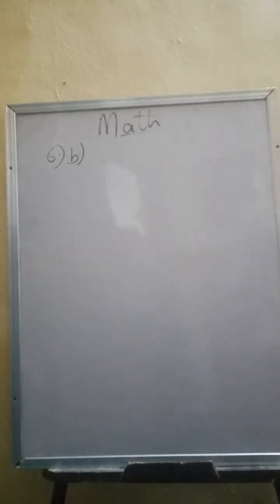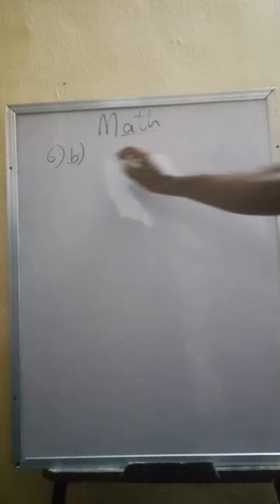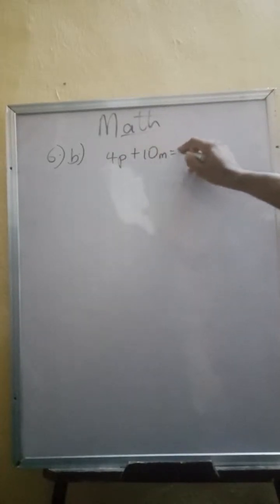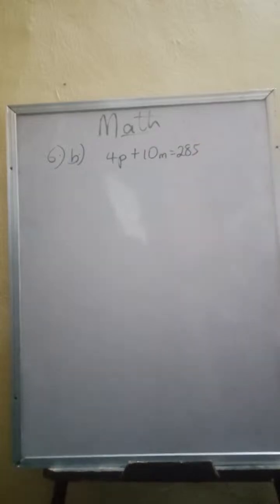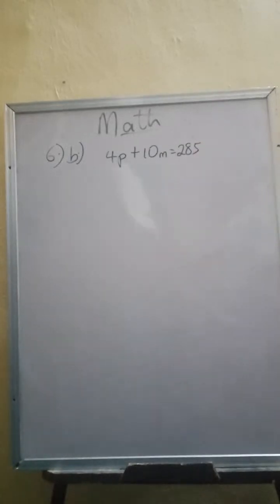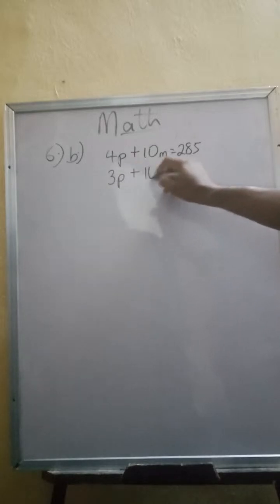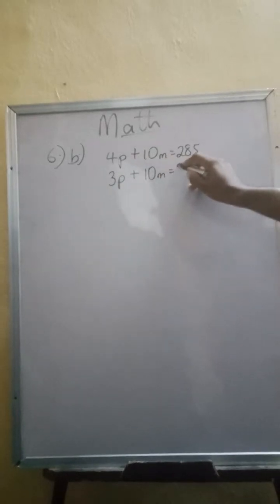The first equation, well, I would want to write the second equation first, which is 4p plus 10m equals 285. And the first equation, you have 3p plus 10m equals 245.